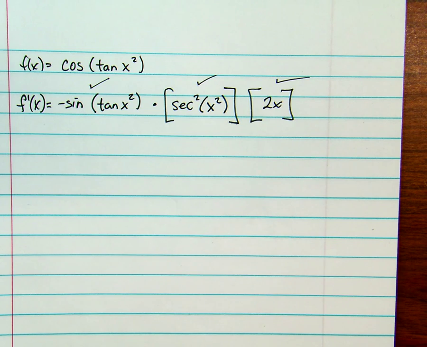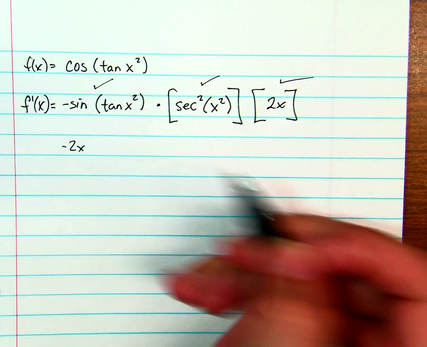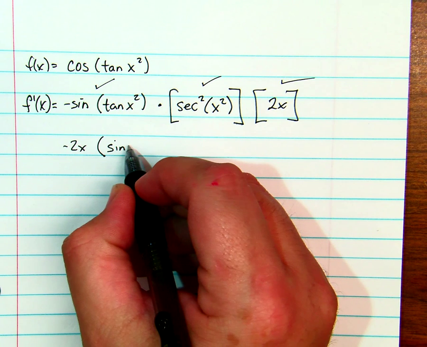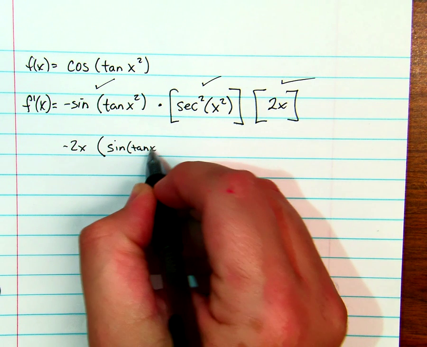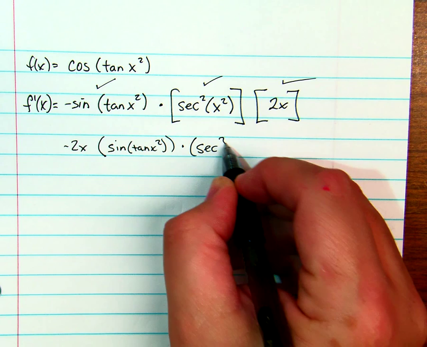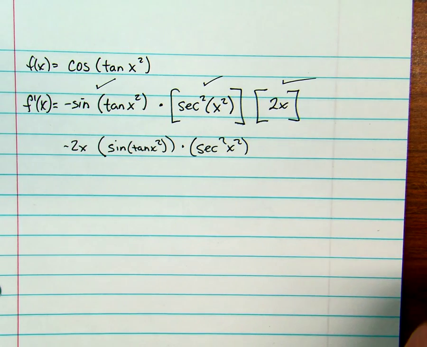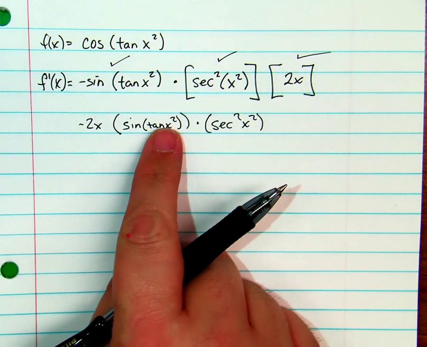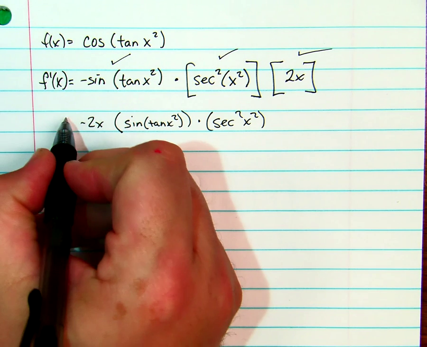So I would actually go negative 2x, and then sine of tangent of x squared times secant squared of x squared. Yeah, absolutely.